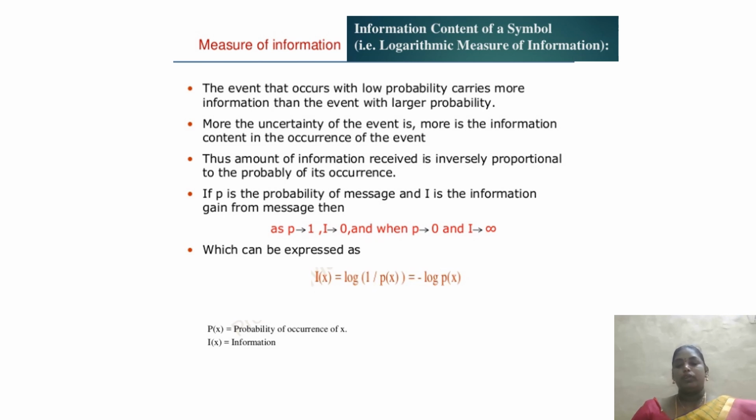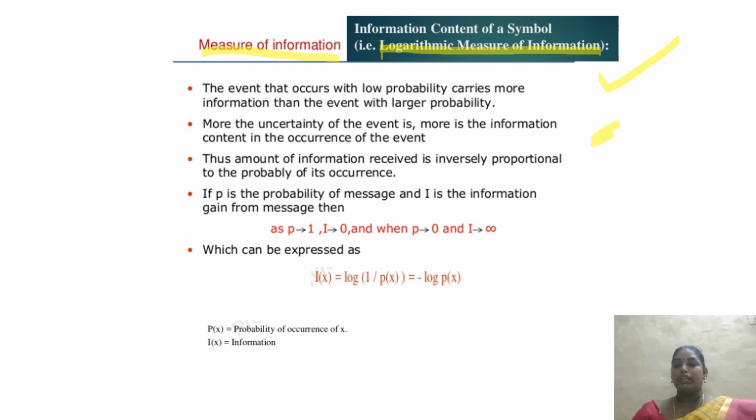Then we need to measure the information content. That is, we have to know a physical value or physical quantity of information. For that, we need to calculate the information content, which we call a measure of information, denoted with the information content of a symbol. There are a lot of mathematical tools that can be used to calculate information, but here we are going to use the logarithmic measure, because in the logarithmic we get easy manipulations.